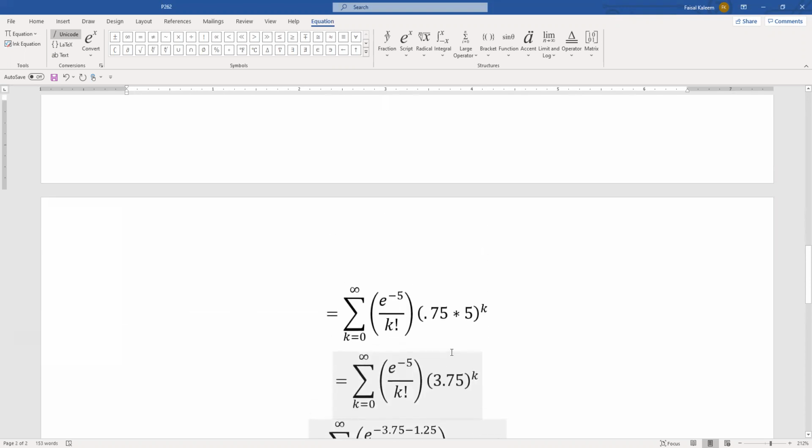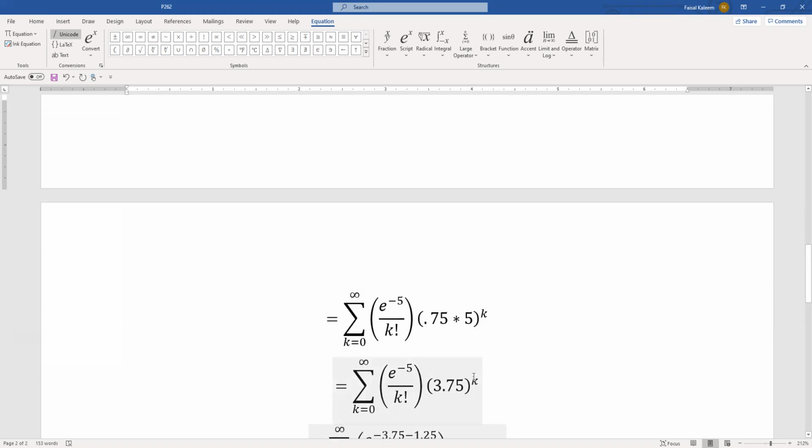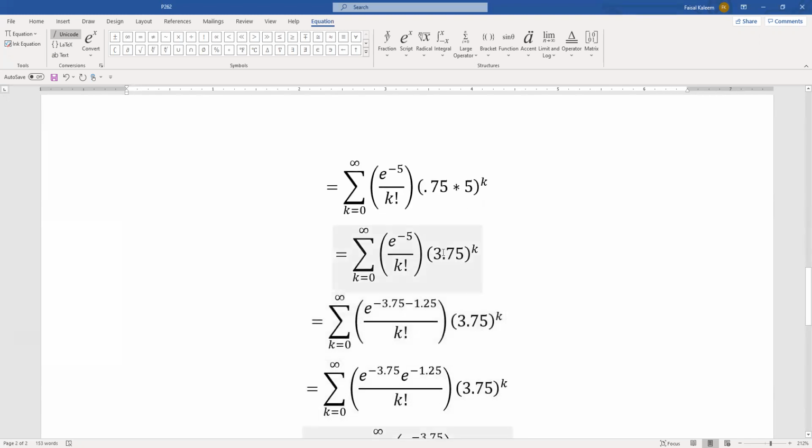Now if you look at this summation, this is almost a Poisson PMF. But remember, in a Poisson PMF, whatever you have to the power k, you have e power negative the same thing. It's e power negative mean, mean power k over k factorial. But here, this 3.75 is not quite the same as this negative 5.